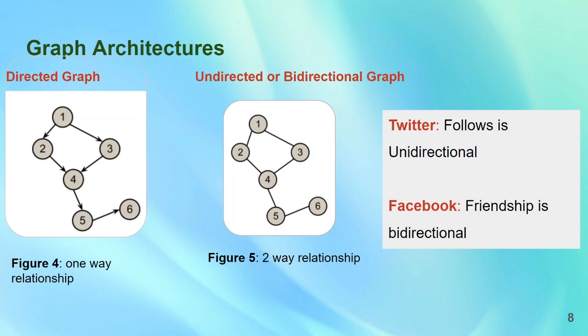Twitter designed their follow feature as a unidirectional architecture. If user A follows user B, the vice versa does not have to be the case. However, Facebook implements a bidirectional architecture for the friendship property. If user A is a friend of user B, then user B is also a friend of user A. Understanding these differences between these architectures helps in designing databases that best fit the needs of specific applications.